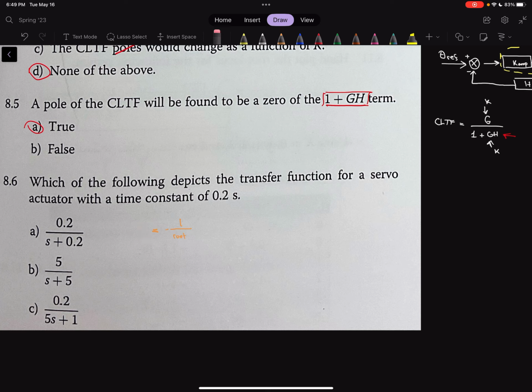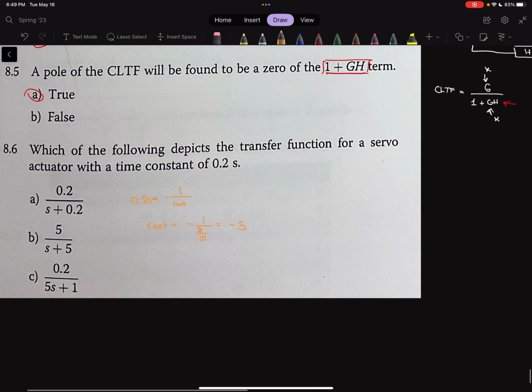So if the time constant is 0.2 seconds, then the root would be negative 1 over, well, let's say that 0.2 is 2 over 10. So this would be negative 5. And so if this is a root, then this means s is equal to negative 5, which means s plus 5 equals 0. And that leads us to this.